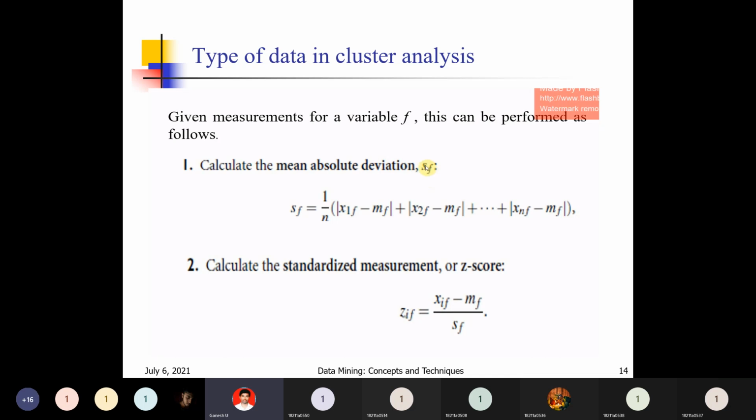Now for any element, for example the first element x1f, subtract the mean value m_f and divide by s_f, the mean absolute deviation. So the z score is nothing but (xif minus mf), the mean value, by s_f. Okay, then you will get the z score value.